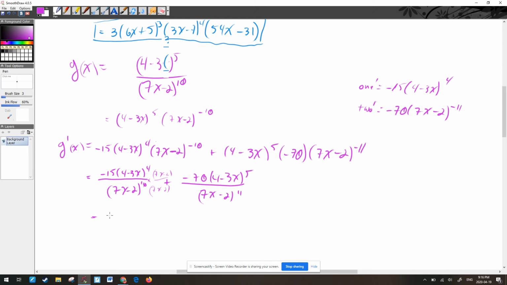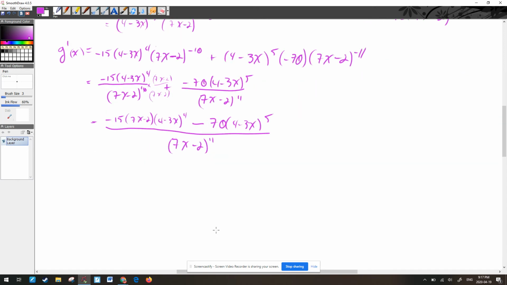So negative 15 bracket 7x minus 2 bracket 4 minus 3x to the fourth, and then minus 70 bracket 4 minus 3x to the fifth. And I'm able to do that now all in one go because they have that common denominator of 7x minus 2 to the 11th.